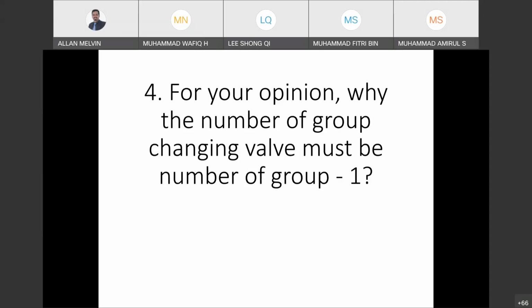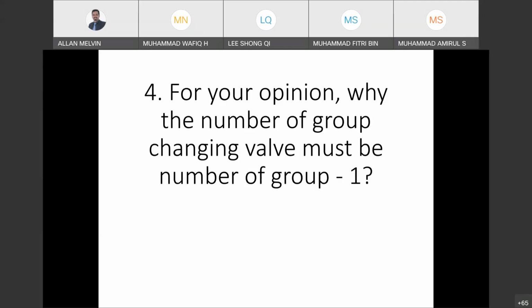Maybe the number of group -1 to make sure the cylinder can operate, not overlap. Okay. I think mostly dapat, just you don't know how to explain.